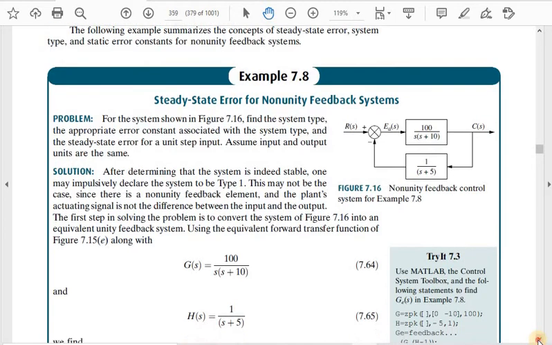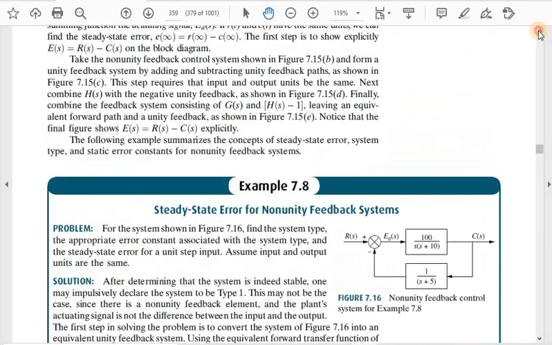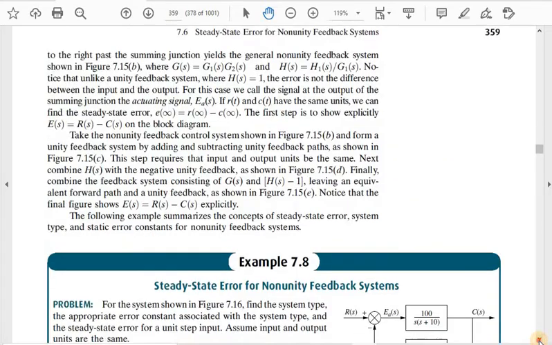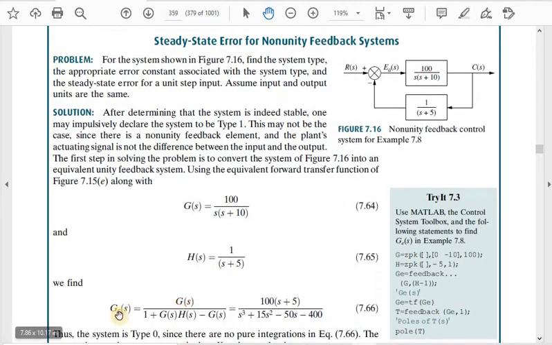So I have to calculate this one, because in the previous section I developed this as the unity feedback with H(s). It becomes G divided by 1 plus G H minus G of S. So I calculate this block and call it G_E, the equivalent.